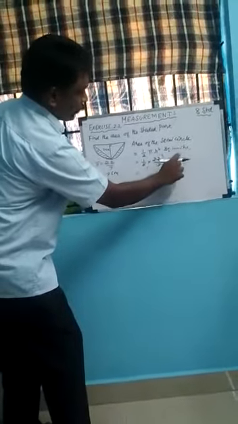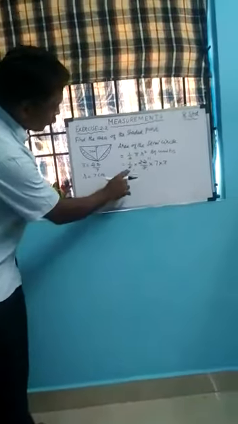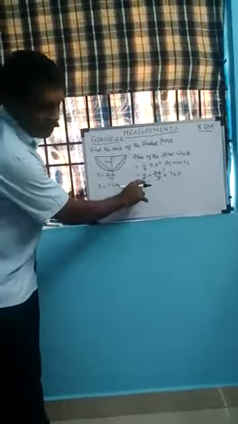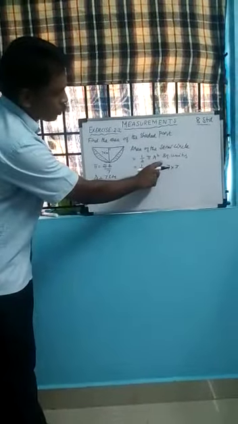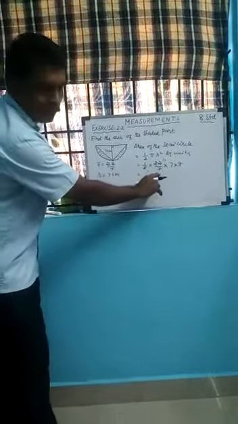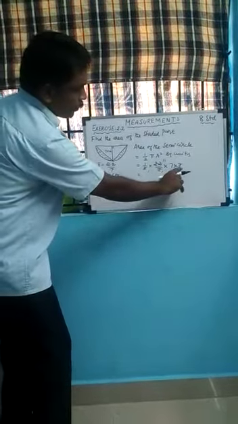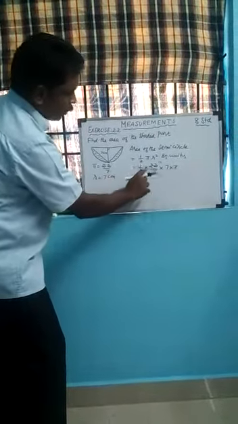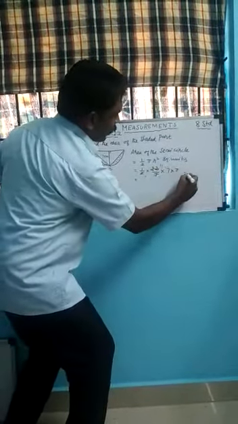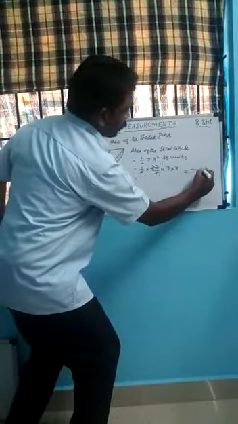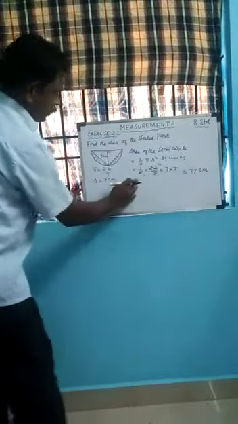The denominator value is 2, the numerator value is 22, 11 2s are 22. The denominator value is 7, the numerator value is 7, therefore cancel. Therefore 1 into 11 into 7, 7 11s are 77 centimeter square.